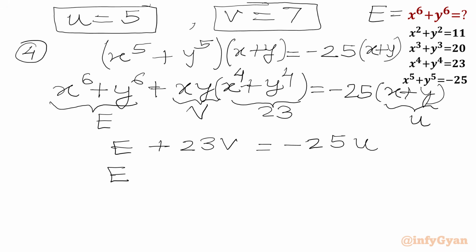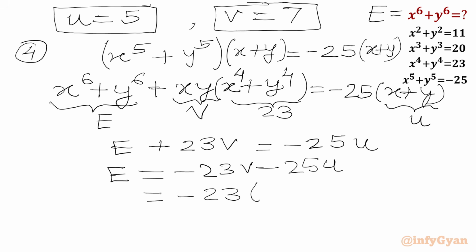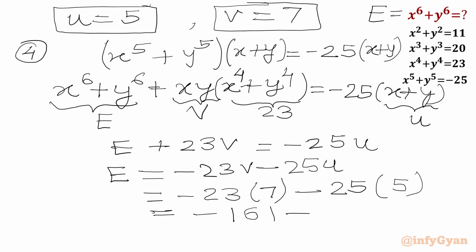So E will be equal to minus 23v minus 25u. Let's plug in the values of u and v. Minus 23 times v, which is 7, minus 25 times u, which is 5. Now 23 times 7 is 161 with negative sign, minus 25 times 5, 125.